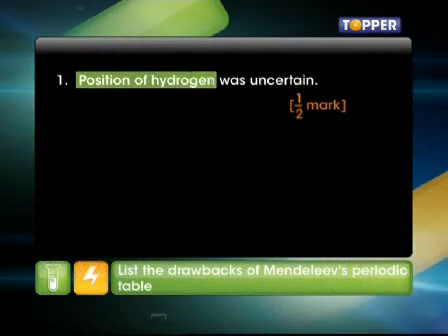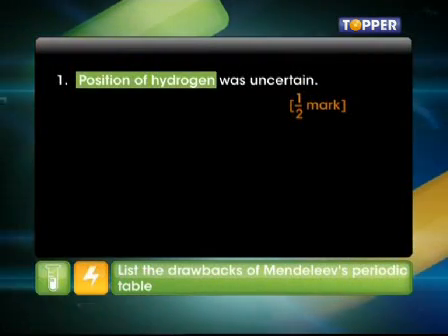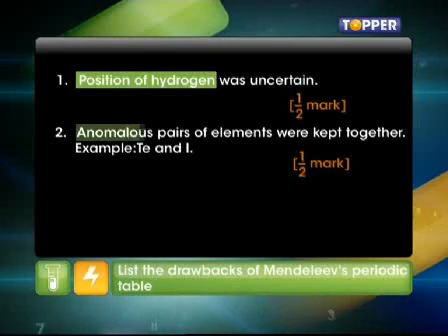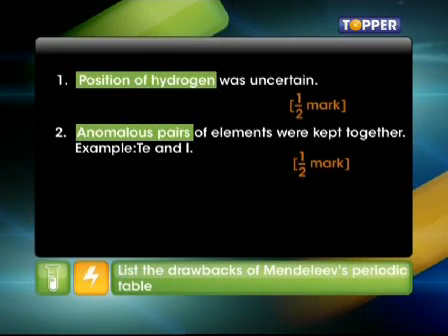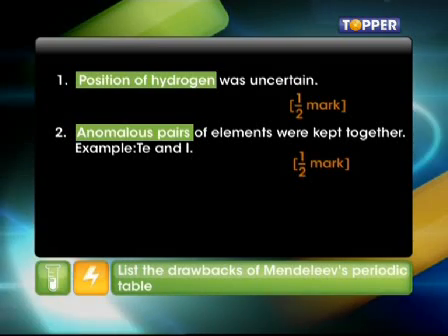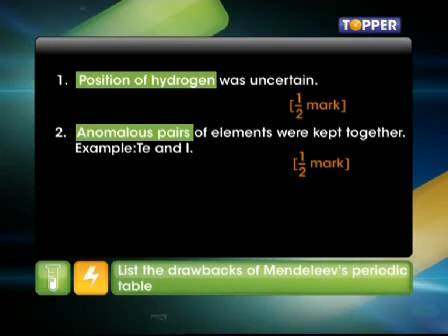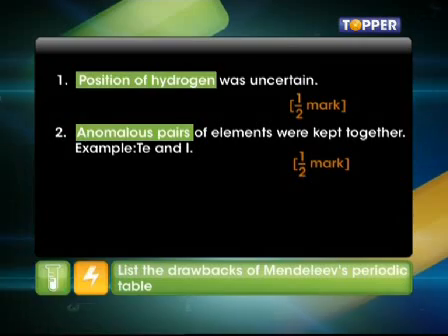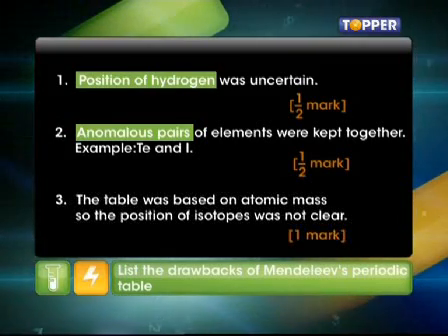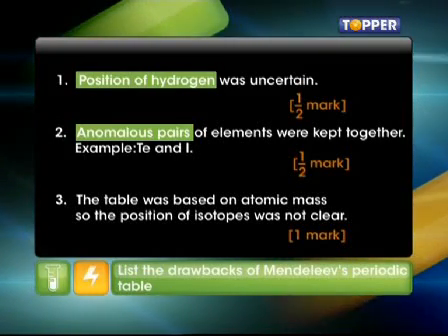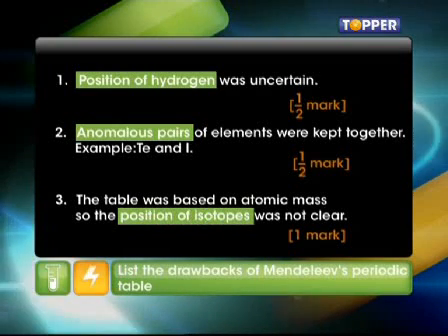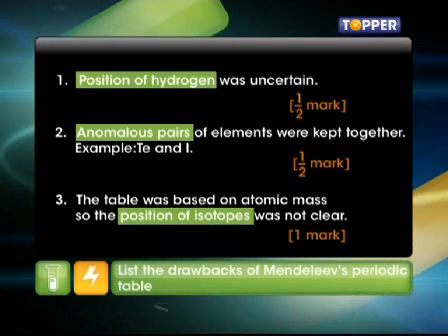Now here is the list of drawbacks, with each point worth half or 1 mark. First, the position of hydrogen was uncertain. Second, anomalous pairs of elements were placed together, tellurium and iodine. Third point is that the classification was based on atomic mass, so the position of isotopes was not clear.